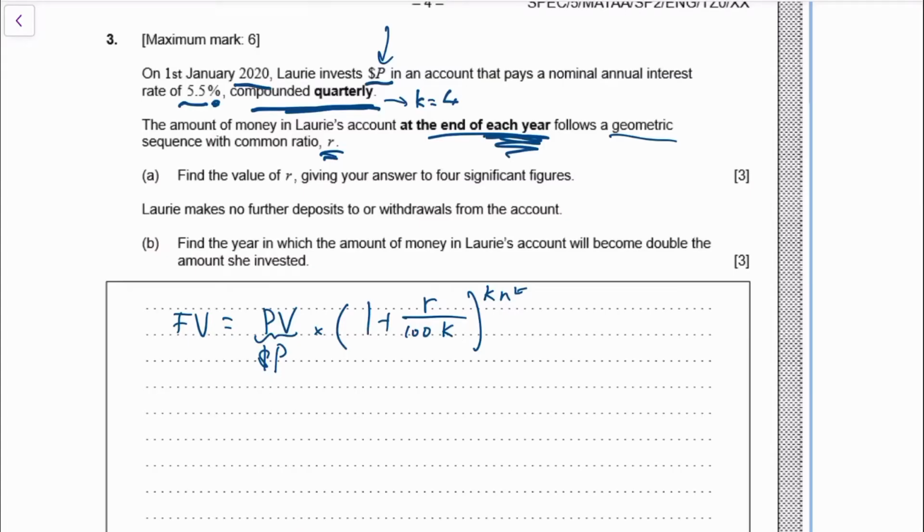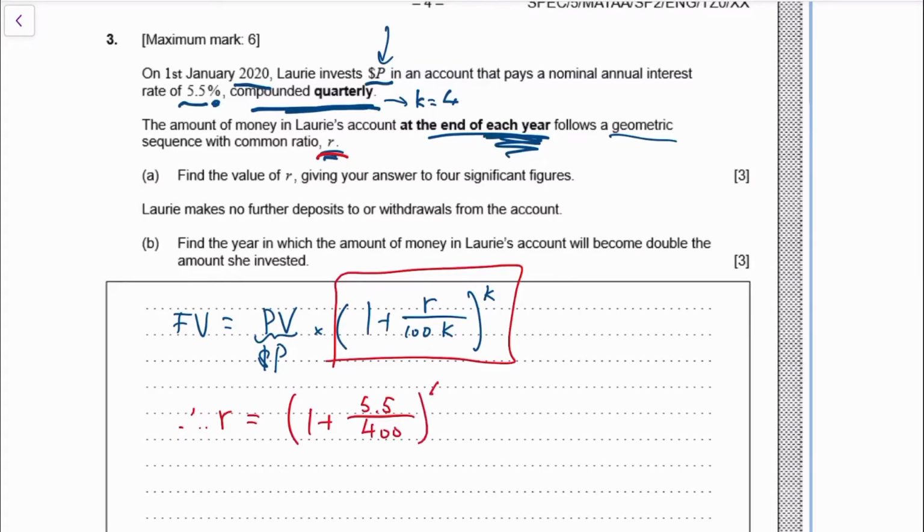And so the common ratio that you multiply to the money that you have is this. And that's exactly the common ratio. Therefore, R, which stands for common ratio this time, not the interest rate, is 1 plus 5.5 over 100 times 4, so it's 400, to the power 4.